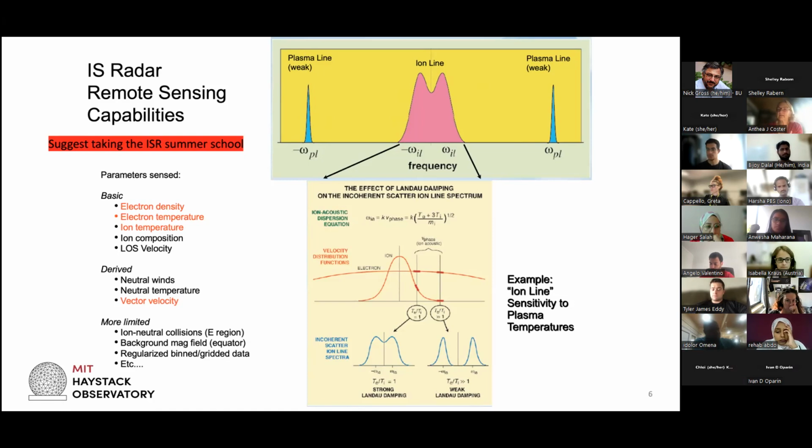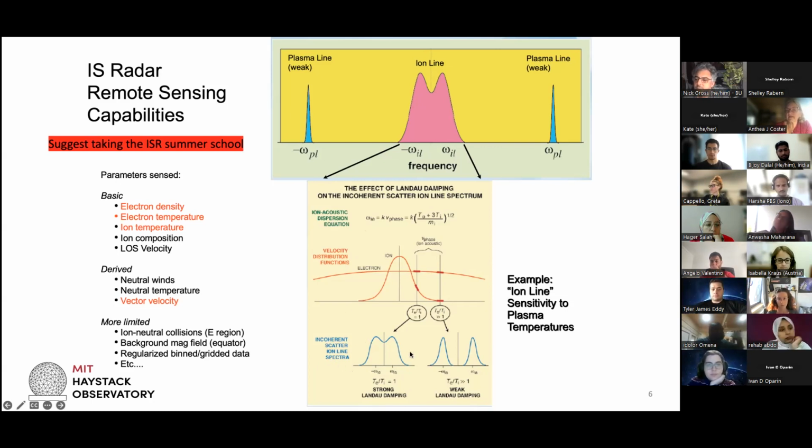I'm just saying it's a little bit more complicated than I have expressed it here, but you get a lot of information from here: the ion acoustic dispersion equation, the velocity distribution functions, and this ion line spectra, which, as I said, with how these peaks are spread gives you some information of what the TE over TI is.